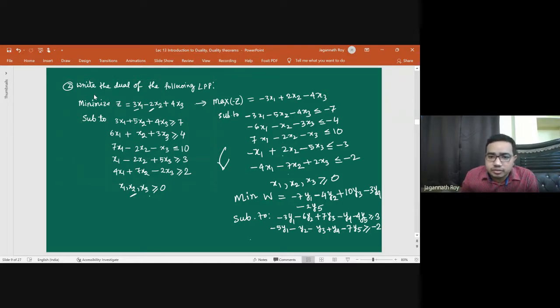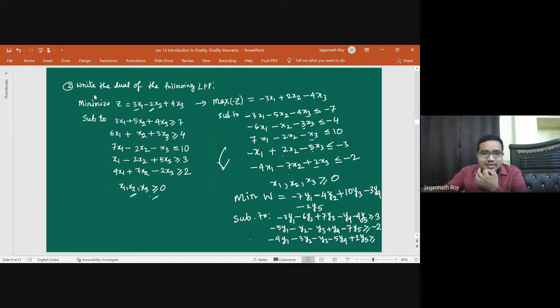Then minus 4y1 minus 3y2 minus y3 minus 5y4 plus 2y5. The third constraint is also greater than or equal to.